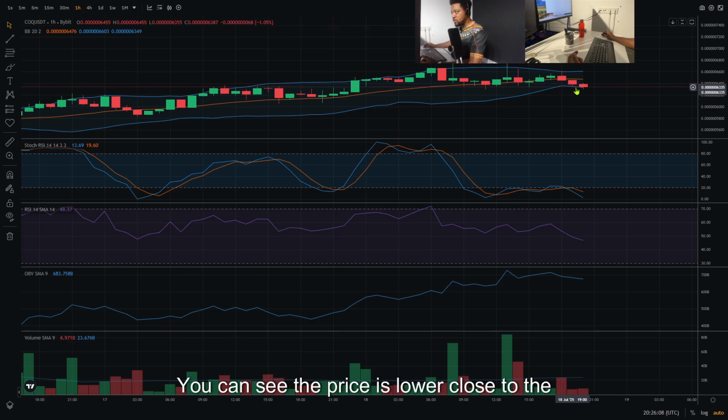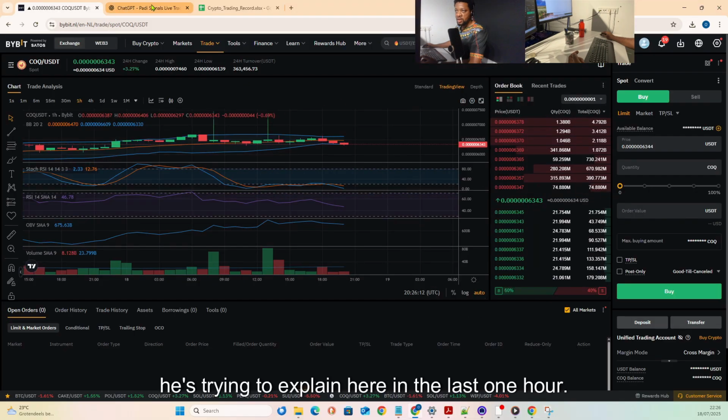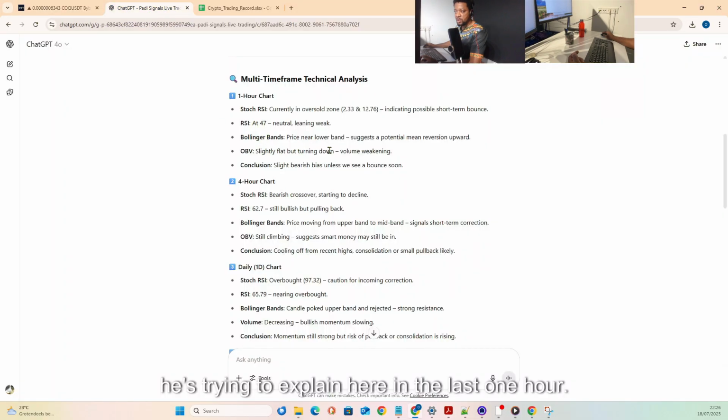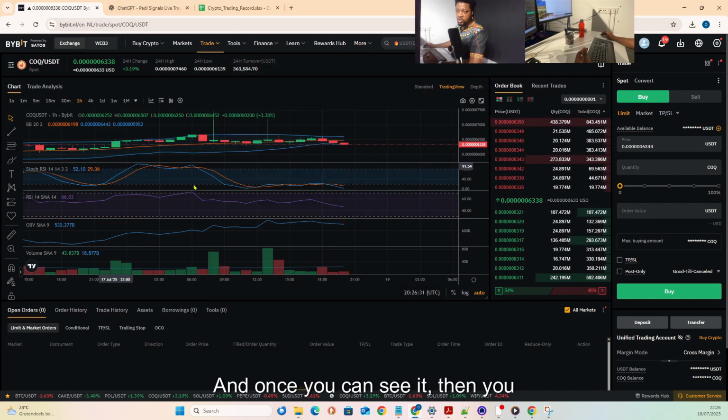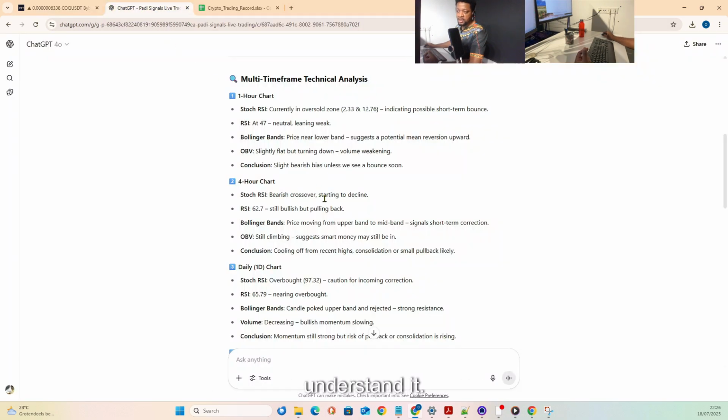The price is close to it, right? That's what he's explaining here. So for each indicator, you need to check what it explains, go to the chart and see what it's saying. Once you can see it, you understand it.